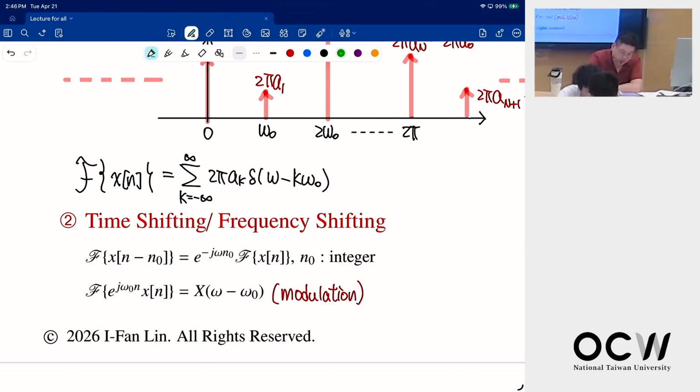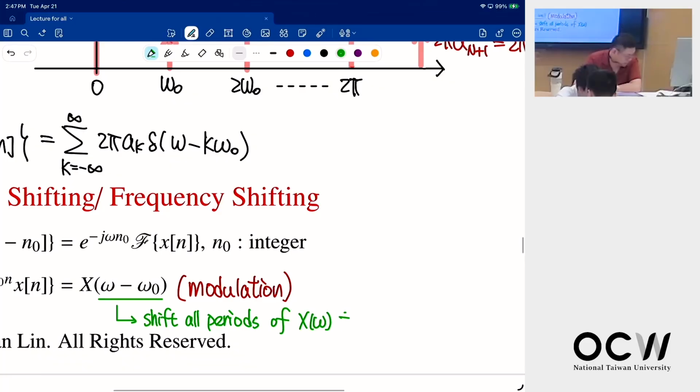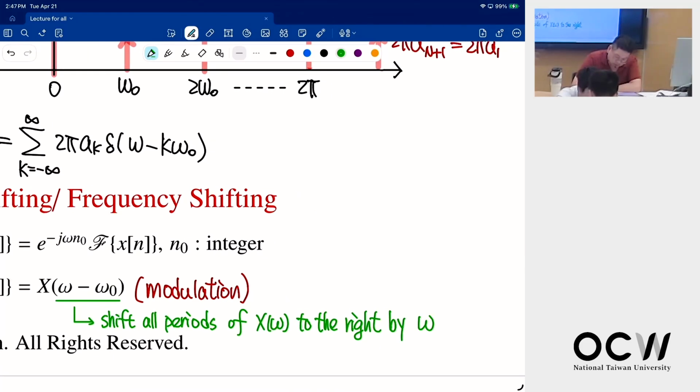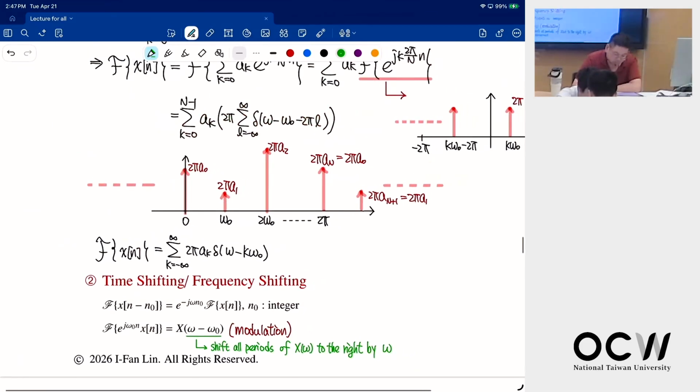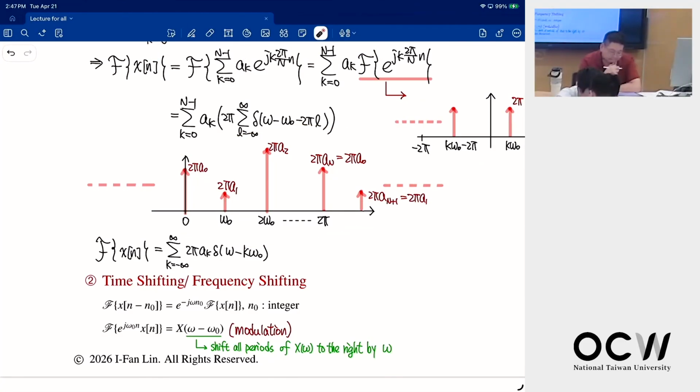So omega minus omega naught means we shift all periods of your Fourier transform to the right by omega naught.